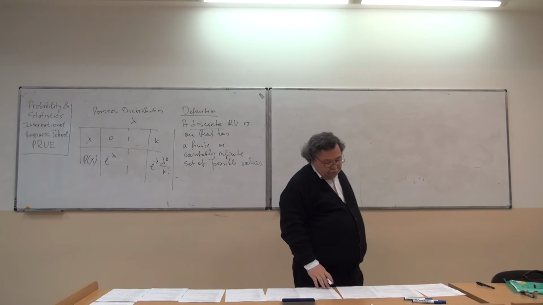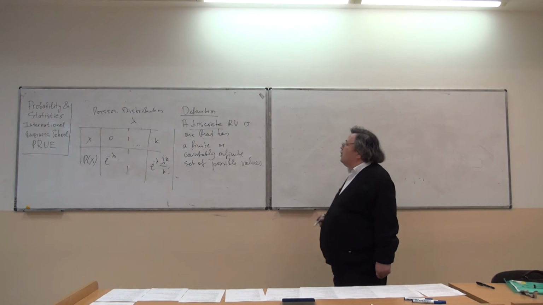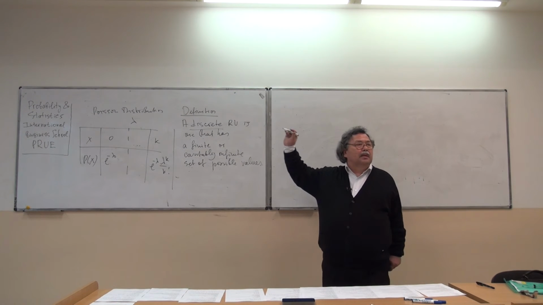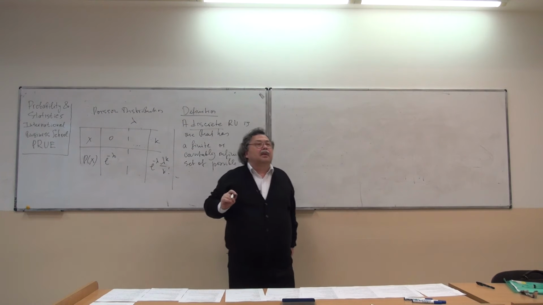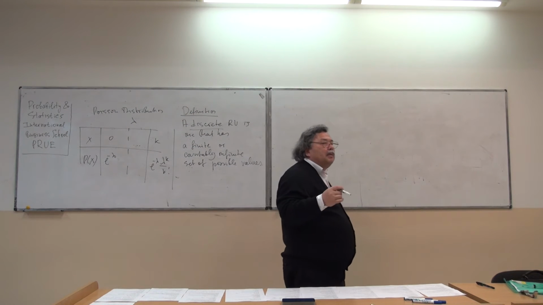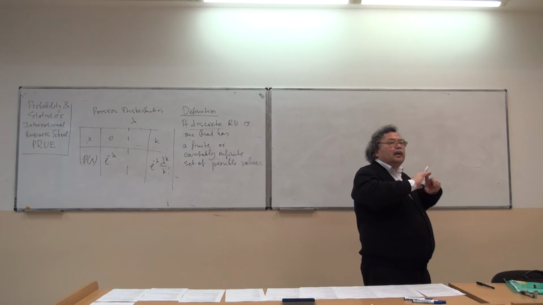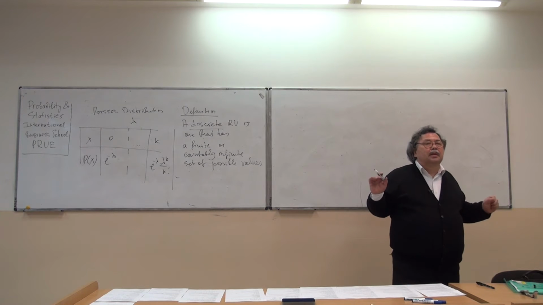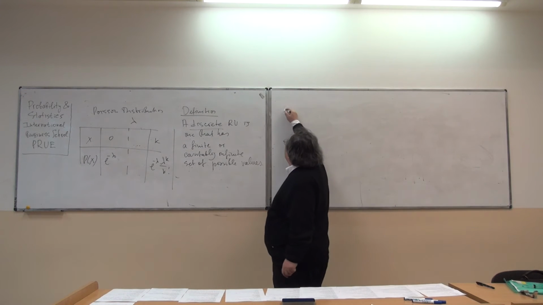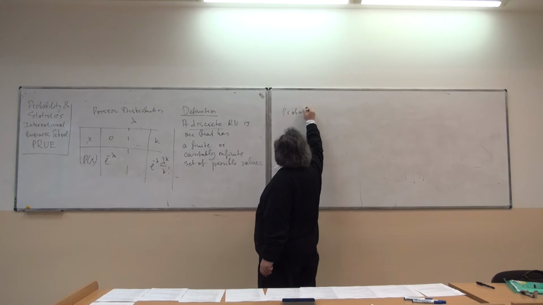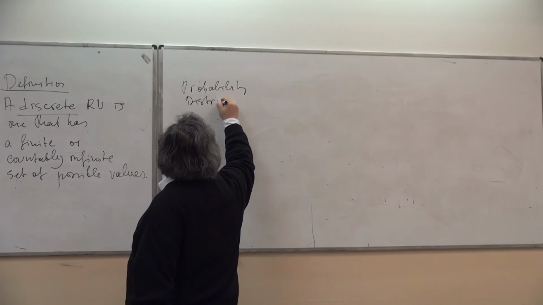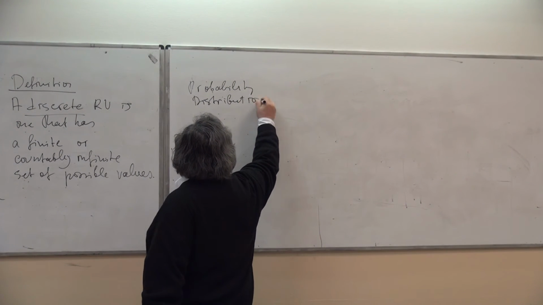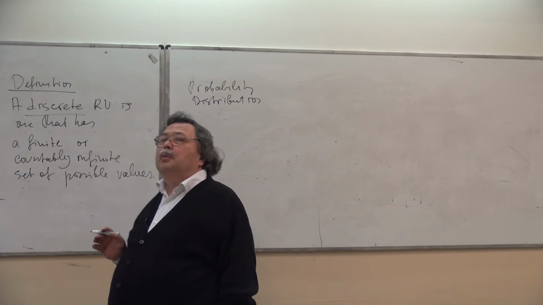All right. Now, generalizing from the examples that we discussed so far, a discrete random variable is introduced and described by giving the probability distribution. Well, this is a general term.